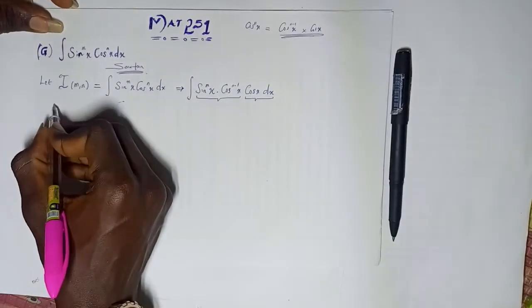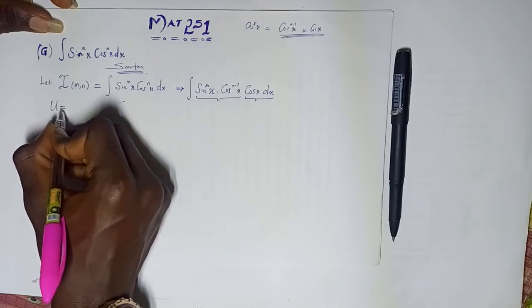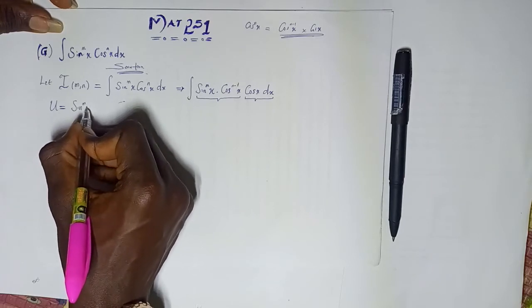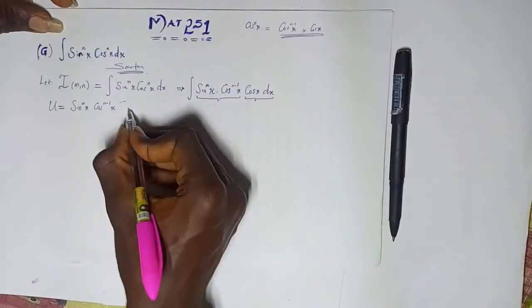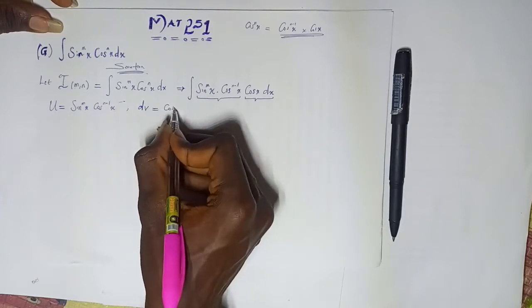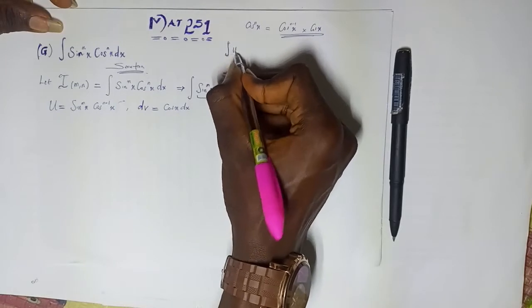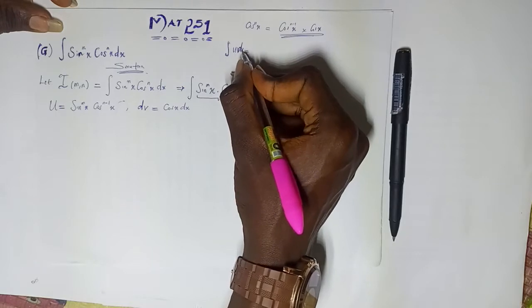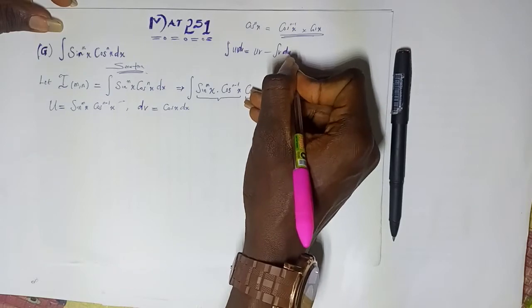So we let u be equal to sine of mx cos n minus 1 of x, and we let dv represent cos x dx. By the rule of integration by parts, the integral of u dv is always equal to uv minus the integral of v du. This is the definition for integration by parts.